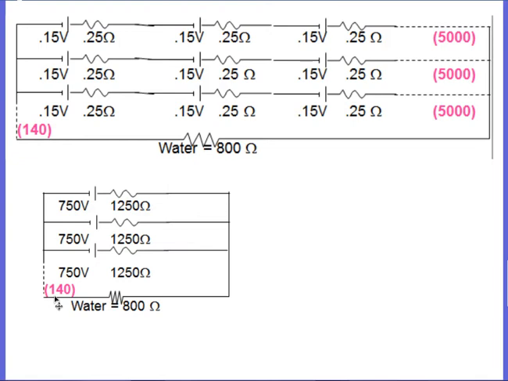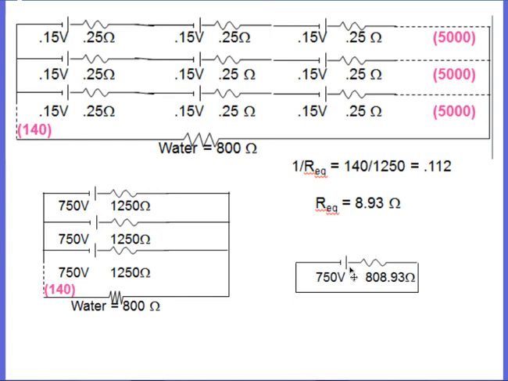You have 140 of those, and the voltage is 750, but I need to add up all of these resistors in parallel, and that's 140 of them, each with 1,250 ohms, and that comes to 0.112, but we need to take the reciprocal of that, so the equivalent resistance from the head to the nose of the eel is about 9 ohms.